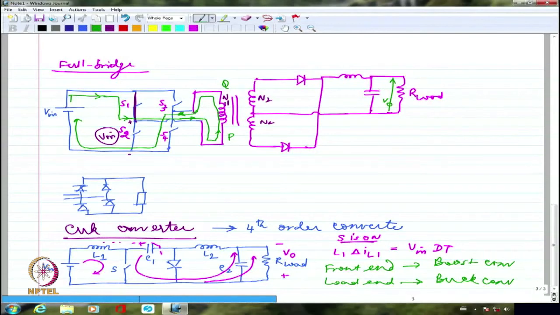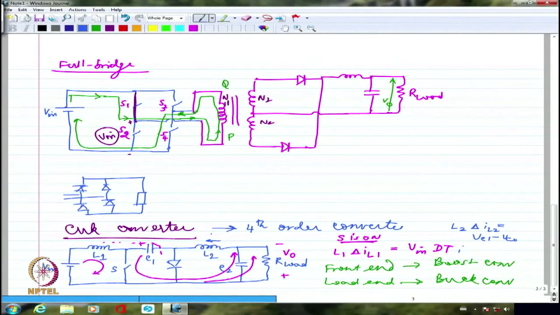So if you actually write the equation corresponding to L2, I should write again L2 delta IL2 will be equal to. Now what is the value that I have to write? This is VC1 and this is V0. So if I try to look at what is the voltage across this, this will be VC1 minus V0. Right? So I have to write this as VC1 minus V0, where I am considering the direction of current to be this.